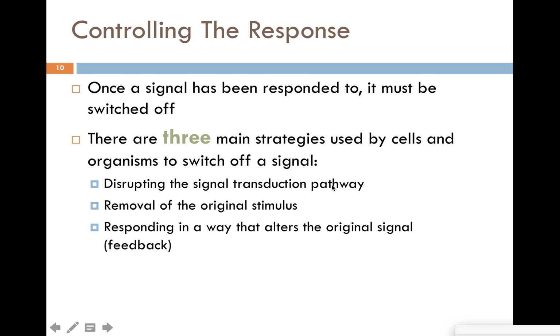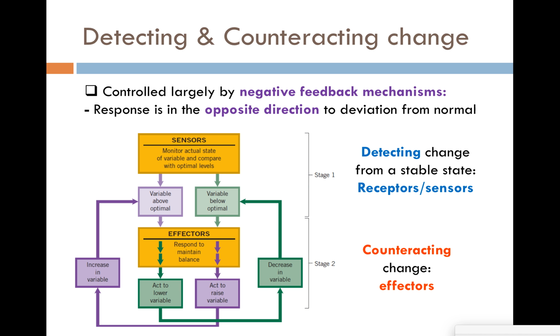You can disrupt the signal transduction pathway, and we'll come to talk about that. You can remove the original stimulus, so that's what happens when you realise that it's a possum, not a murderer. But the one that I want to talk to now is actually responding in a way that will alter the original signal or reduce the original signal, so you're not going to keep responding. Okay, and this is in the form of a negative feedback loop.